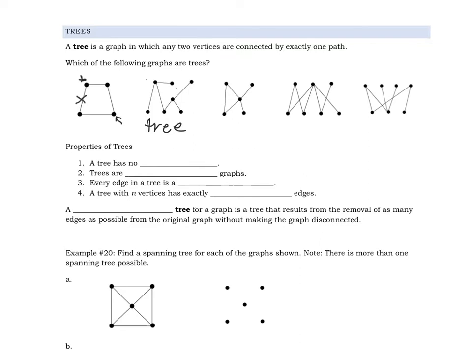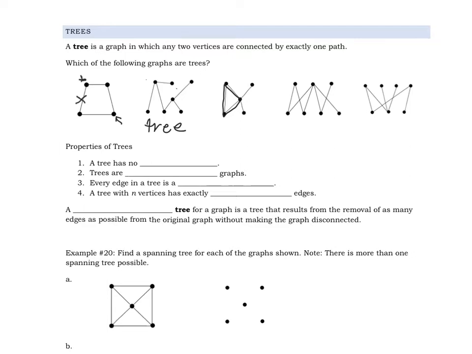Okay. All right, so with this next one, I think you could say, well, what if I remove that edge, would it become disconnected? Well, it's true about that one, but if you look over here, we basically have a circuit there. So that's not true for any two vertices.